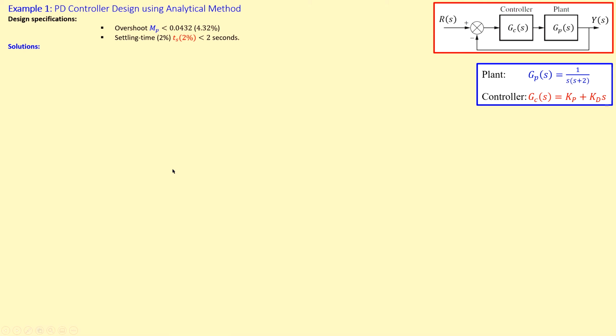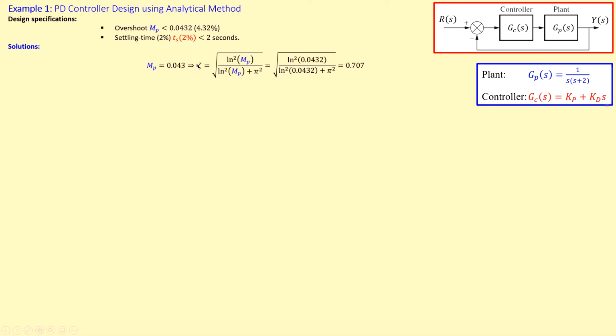Before we start, we need to know what we do with these specifications. The overshoot is given as a specification, 0.0432 here, but it is approximately the same. If I want to convert this to parameters I can use in the complex plane, I need the damping ratio.